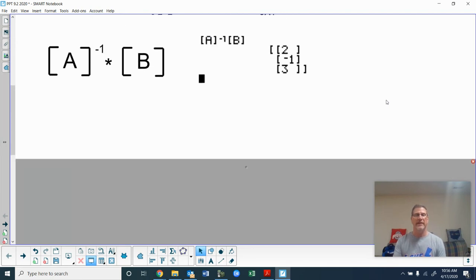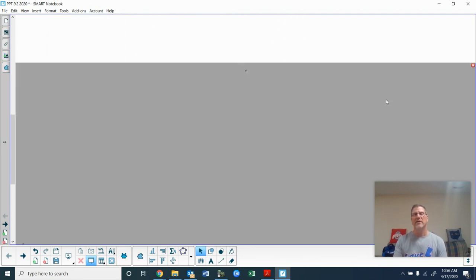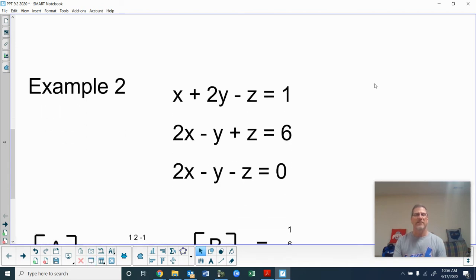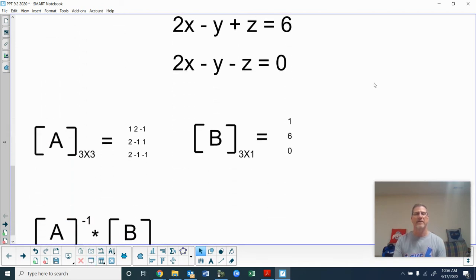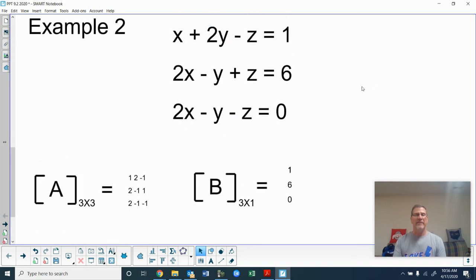Okay, so I'm going to go ahead and do a second example just to go through it again. All right, so I have to put 1, 2, -1 in for the top row, 2, -1, and 1 for the middle row, and 2, -1, -1 for the bottom row.